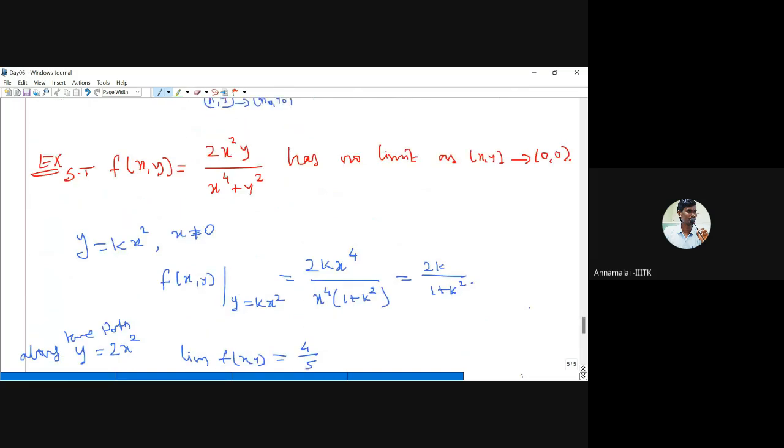But depending upon the function, here there are y square and x power 4, that's why I am taking a parabola. So we can easily cancel all the variables x, y. That's why I am choosing this curve. But in the previous problem, I chose y equal to mx. So depending upon the function, we can choose the path, so that if you substitute the values, all the variables are cancelled and we get constants.